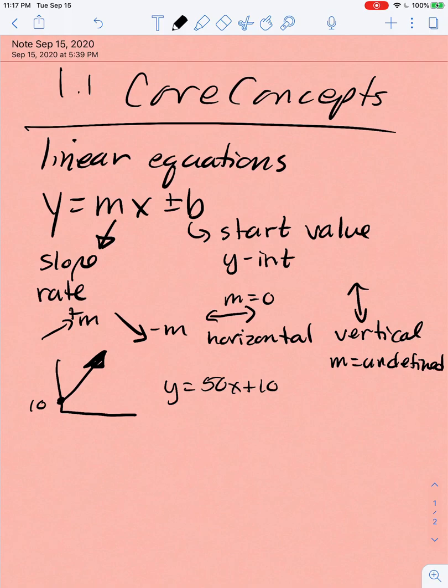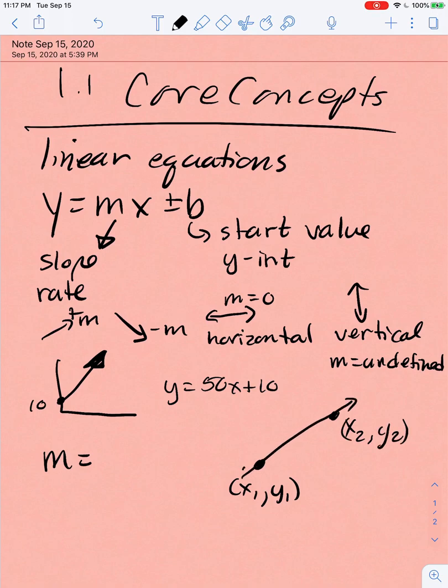Also keep in mind that when you're trying to find the slope, if I have a point here and I know that it has some x value and a y value, which we creatively call x1, y1, then it might have another point over here, x2 and y2, the second x and y value, and I'm looking for the line that goes through those. Alrighty, so your slope formula is to take that second y, subtract the first, because by subtracting the y's, you're finding out how much of a rise there is.